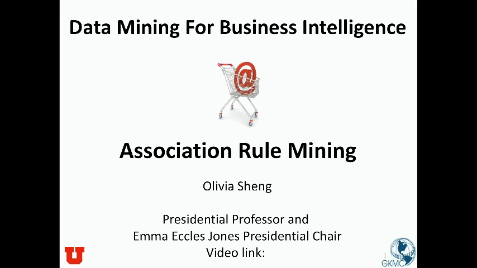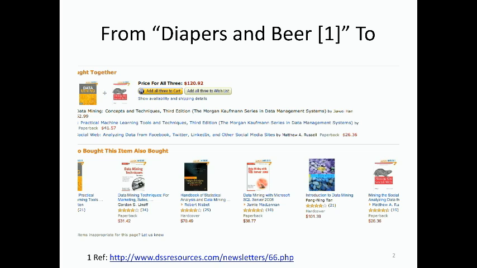Hello everyone. In this video, I will go over association rule mining concepts. The applications of association rule mining are very visible. There are lots of famous examples, such as diapers and beers from Walmart.